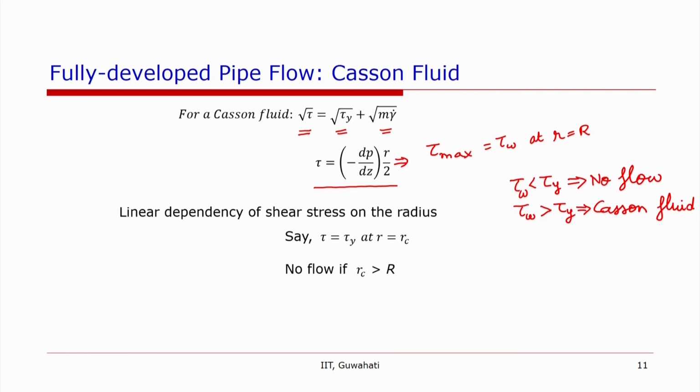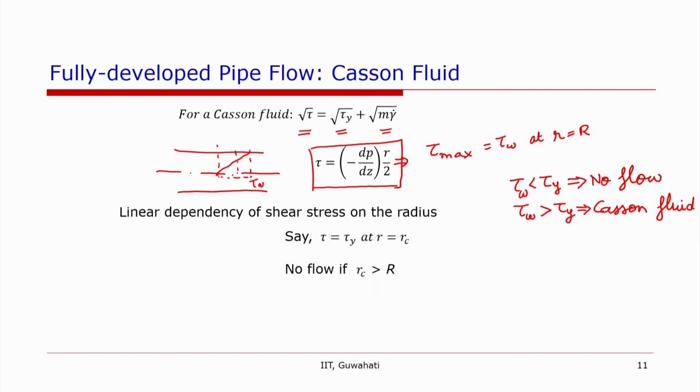So from this equation it is clear that in a channel the shear stress will be 0 at the center and it will vary to a value tau w here.